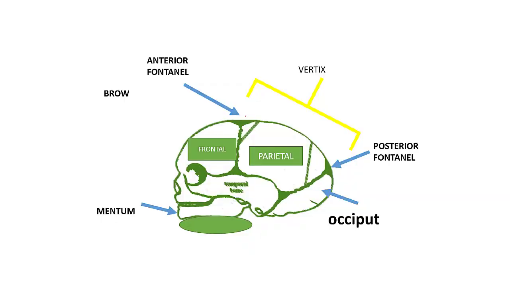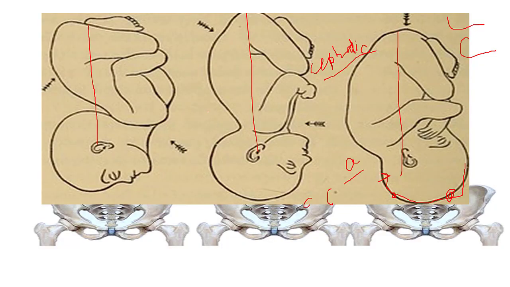This area between the anterior fontanelle and the posterior fontanelle should first come into the maternal pelvis, and with fingers you should feel this bony part, that is the occiput. Then this will be a normal presentation, and you will say that it is the vertex presentation, which is a normal presentation.